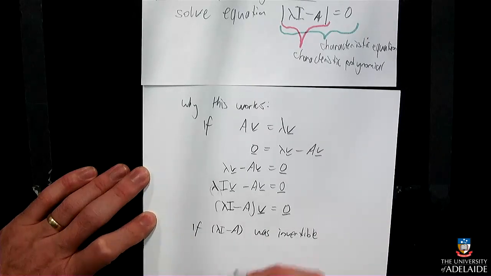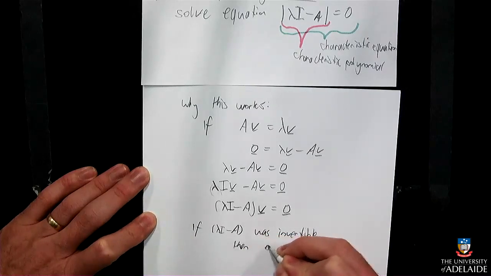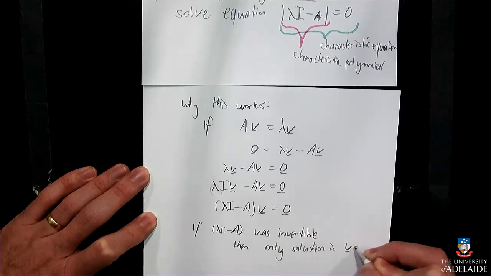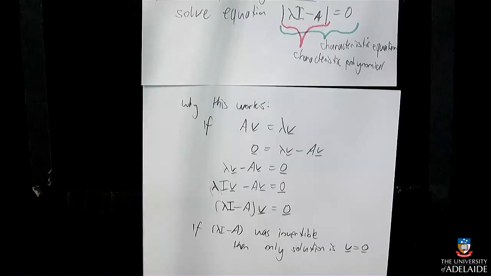If that was invertible, then the only solution is that v is 0. And I want v not to be 0.